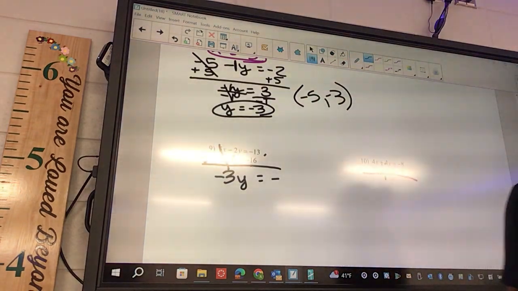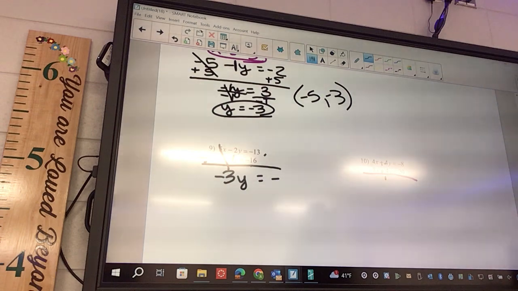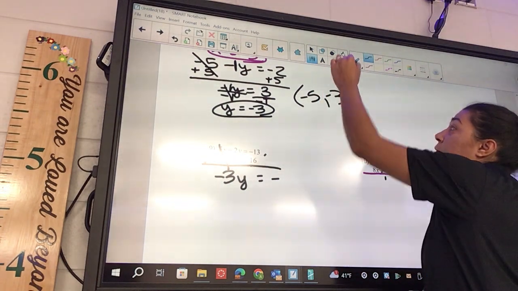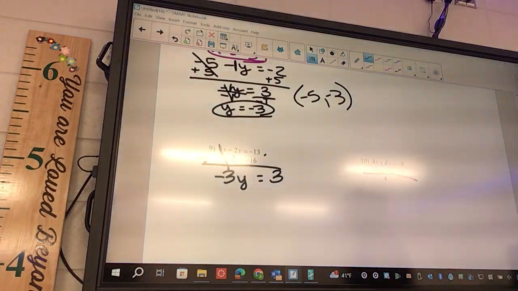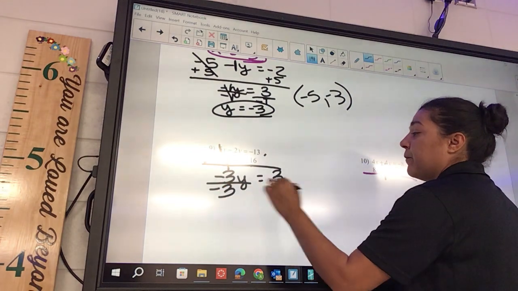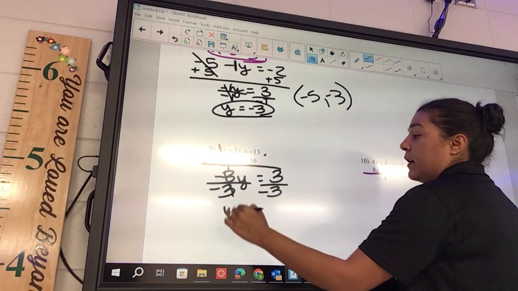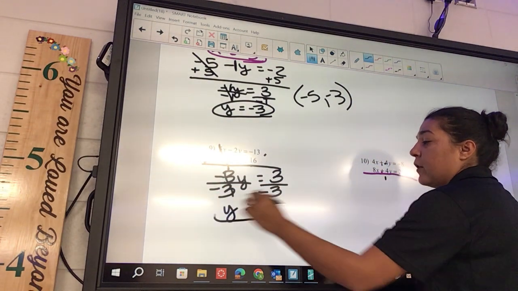Negative 13 minus negative 16. 3. Oh, yeah, because the negatives cancel out. Okay, and then what we need is done. Divide by negative 3, until we get y equals negative 1.